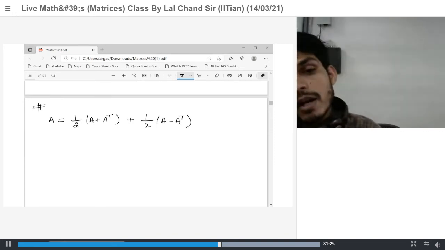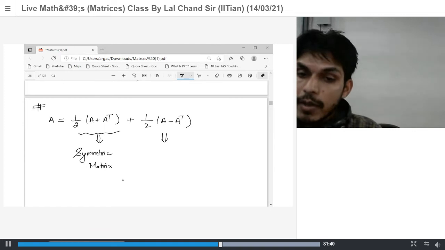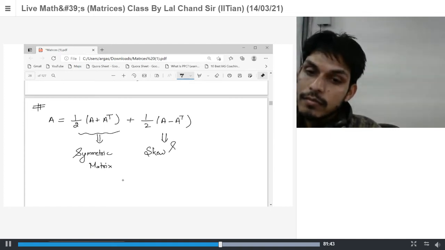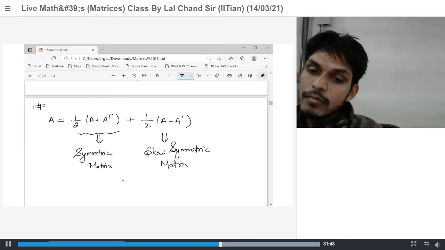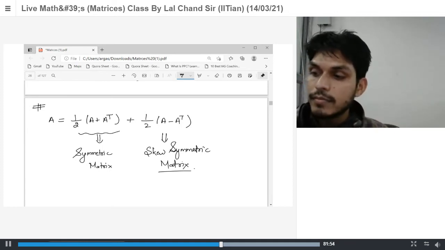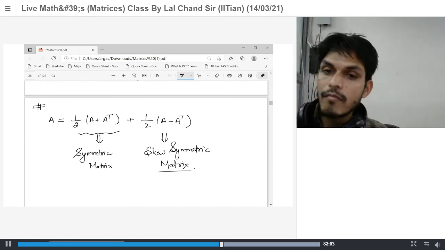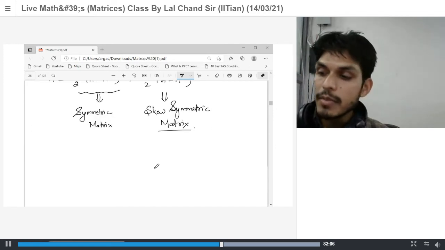This first part is known as the symmetric matrix, and this is known as the skew symmetric matrix. Okay, let us try to solve one example based on this.